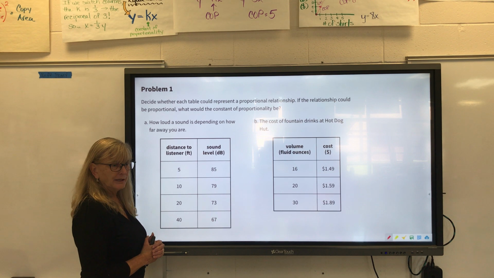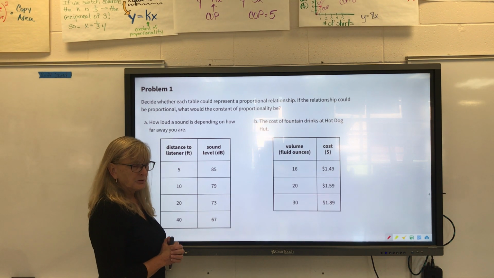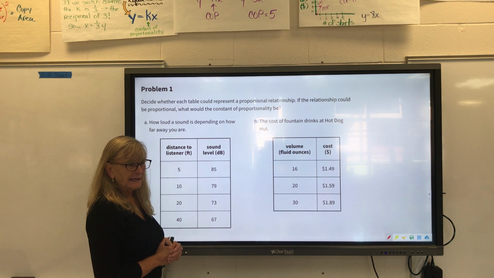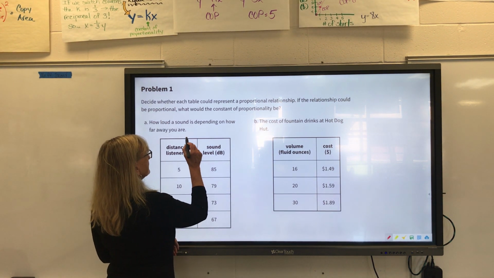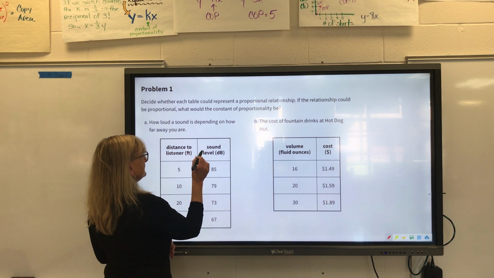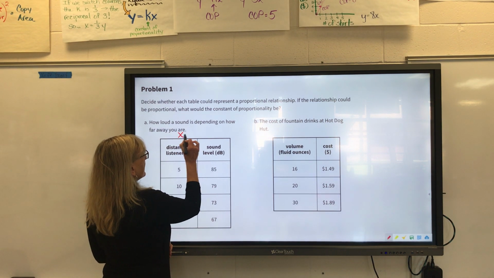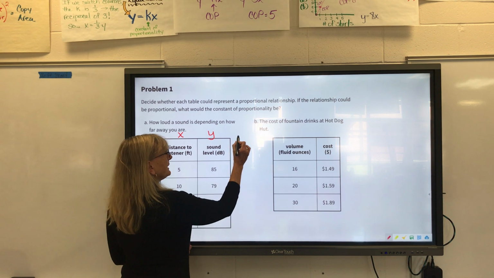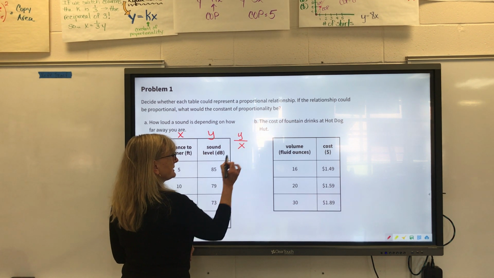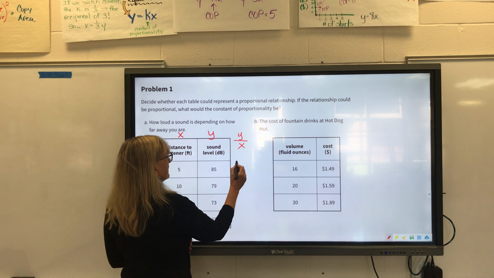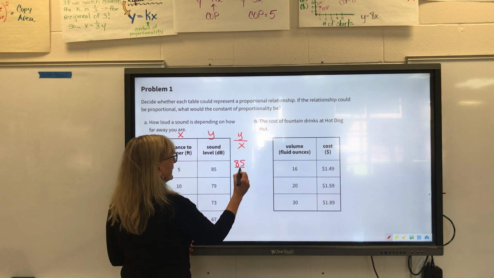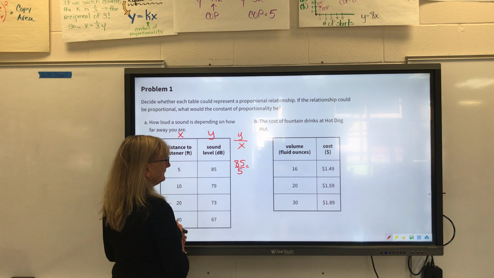How do we determine if there is a proportional relationship when we're looking at a table? You've got x and you've got y, and we keep saying y over x. That means y divided by x, just like you said. So I'm going to take 85 and divide it by 5. What do I get?